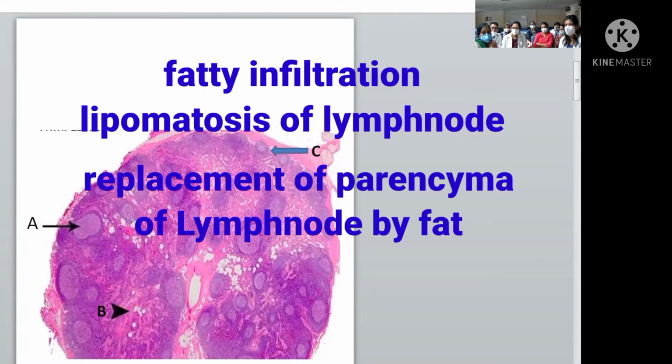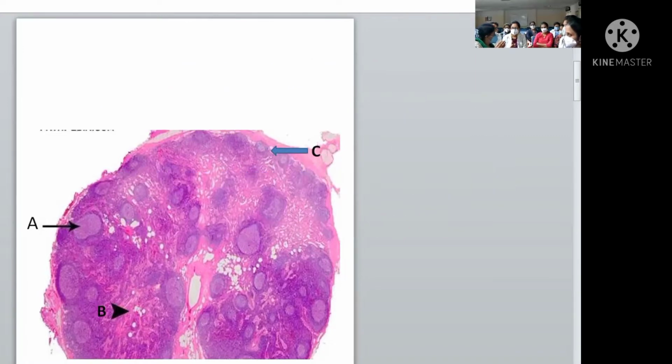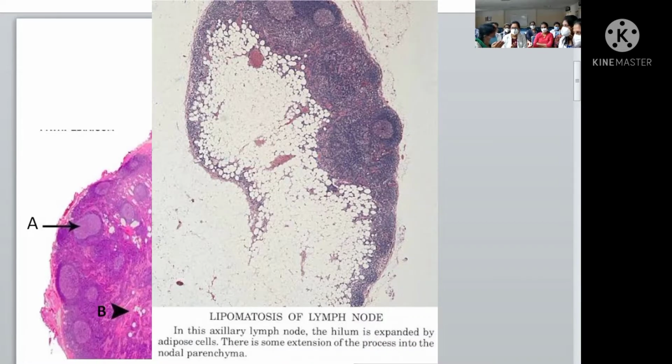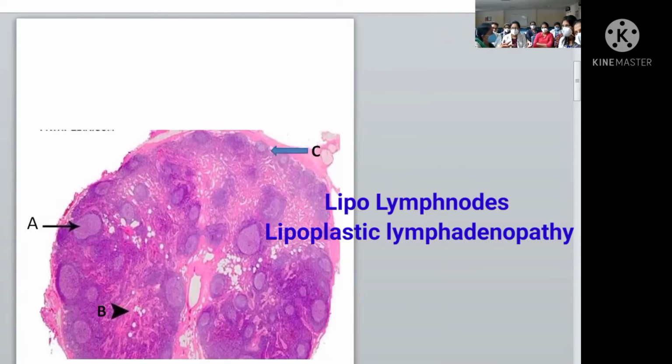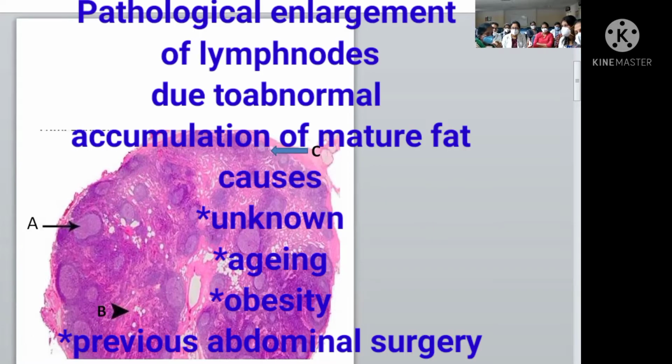Yesterday we discussed. I was asking, and Aparna answered, and she also said how the cut section will be. Yellow in color. You want to call it fatty infiltration, fatty replacement? Fatty replacement. Next.